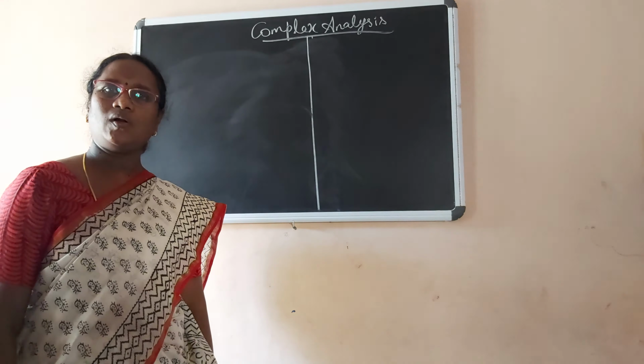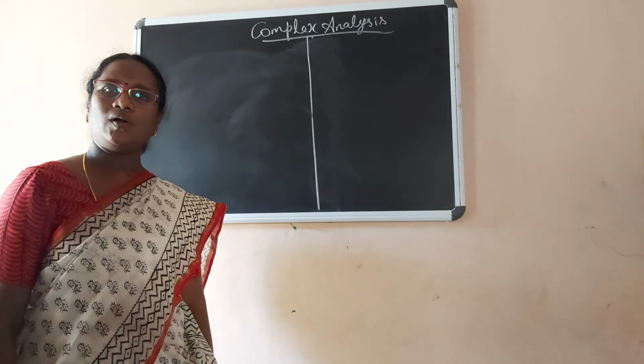A complex number is of the form x plus iy, where x and y are real numbers, and this i is an imaginary unit with the property i square is equal to minus 1.